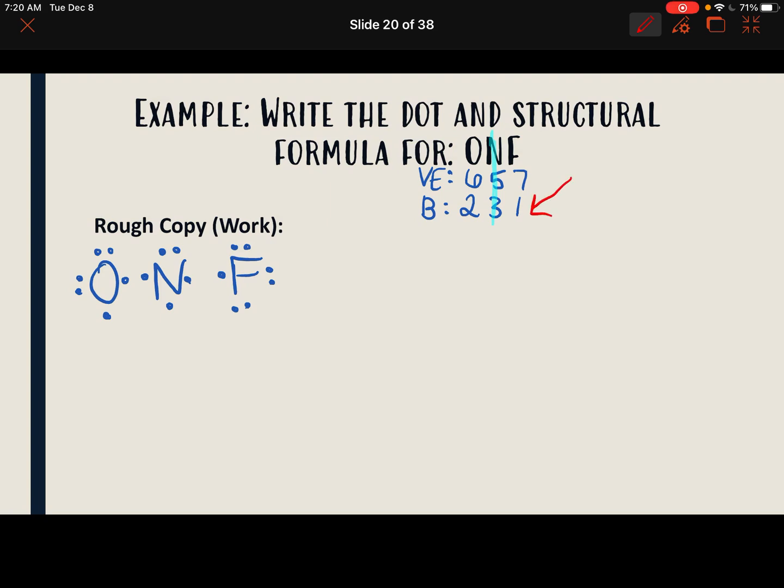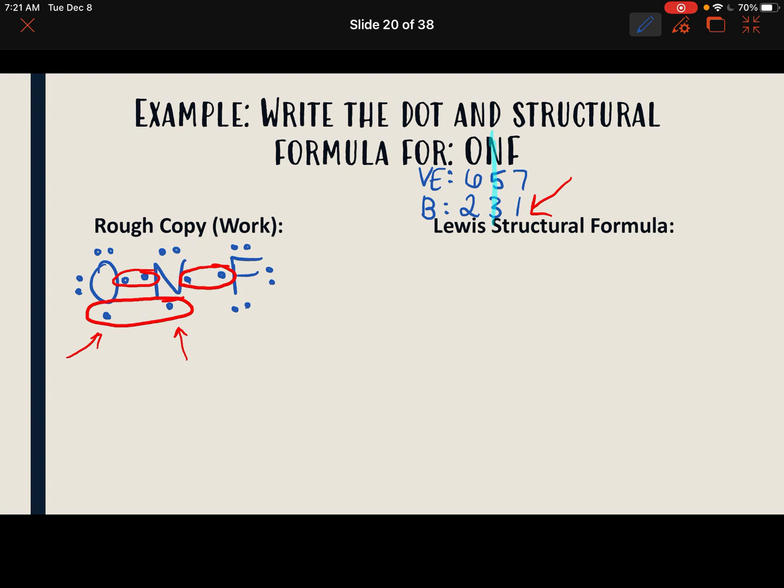Fluorine only needs 1 bond, so it's going to be easy to get that bond out of the way. Okay, so nitrogen is going to make that 1 bond with fluorine. Now I'm going to move on to the oxygen because it only needs to make 2 bonds. So it's going to make 1 here, and notice that oxygen and nitrogen each still have 1 more electron to form a bond. So a bond is going to be formed there.